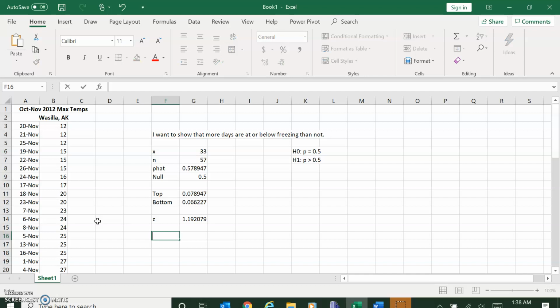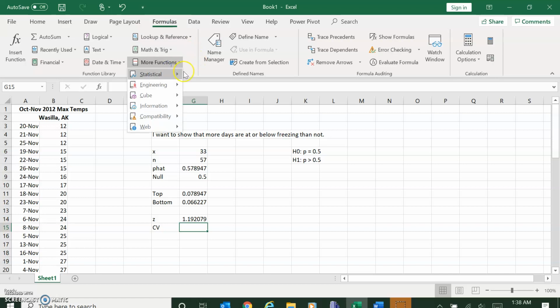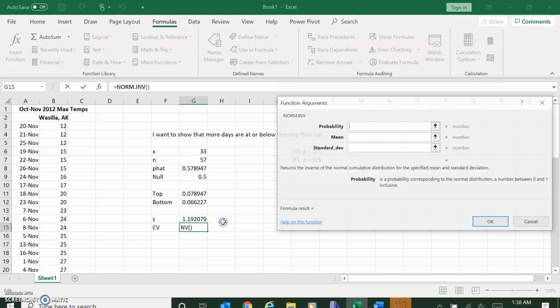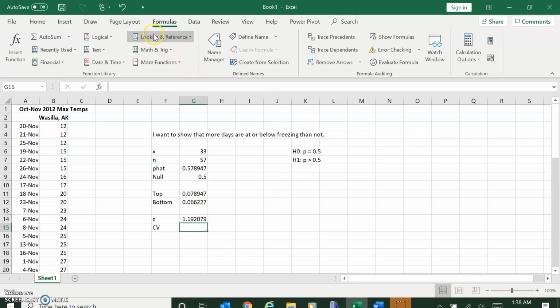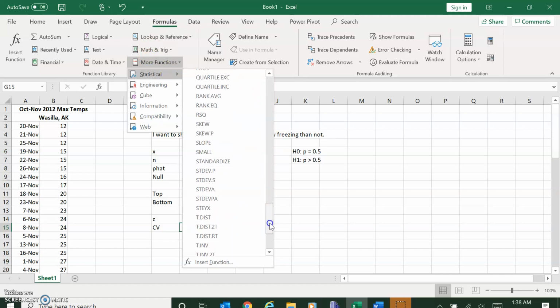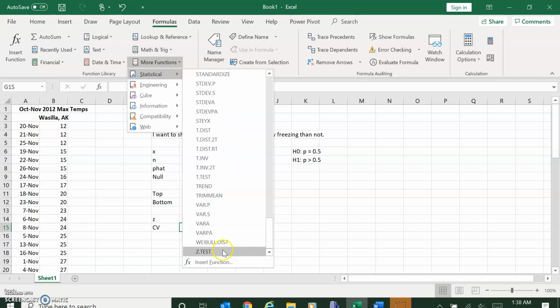I need to look up my critical value, my CV to compare to, and I'm going to use Excel because I want it all in here.